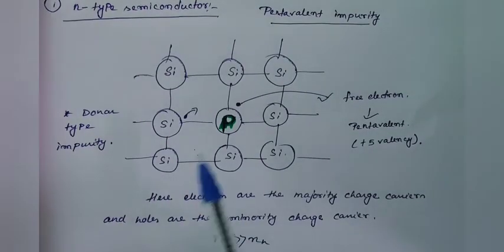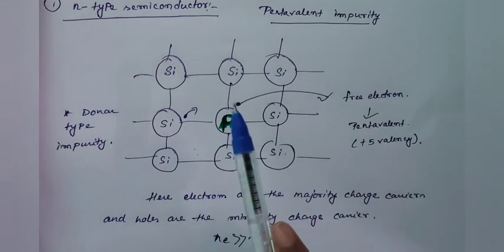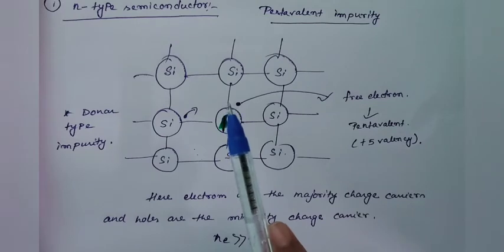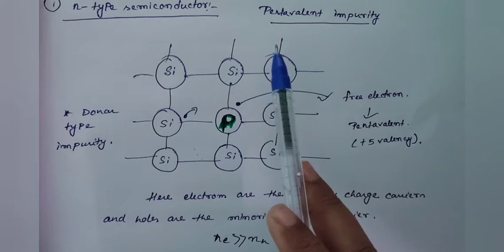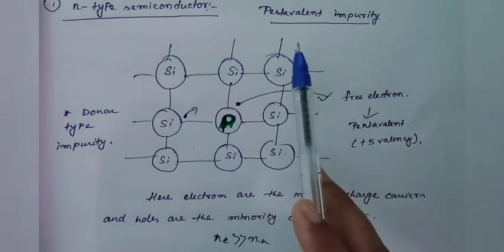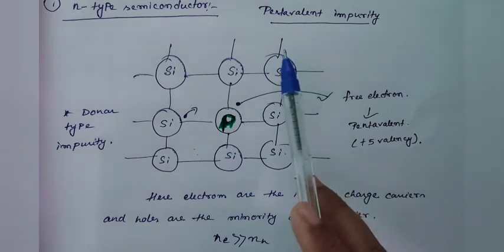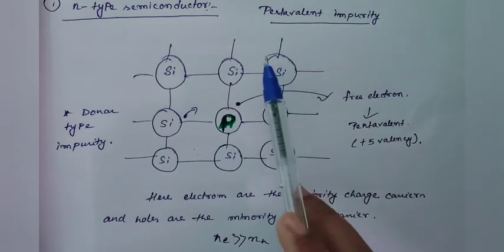semiconductor is obtained by doping the tetravalent semiconductor, silicon or germanium, with some pentavalent impurities such as arsenic, phosphorus or antimony. Arsenic, phosphorus and antimony are of group 15.